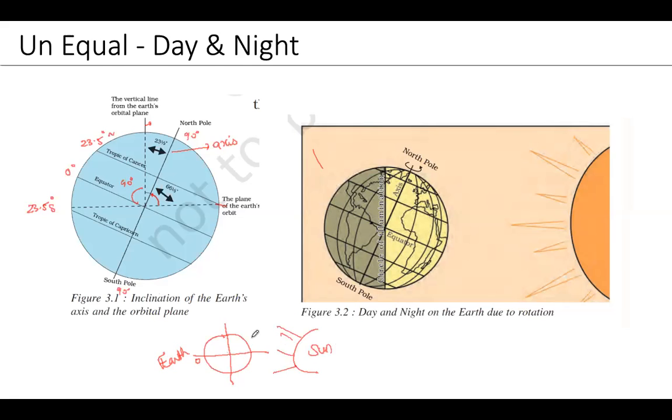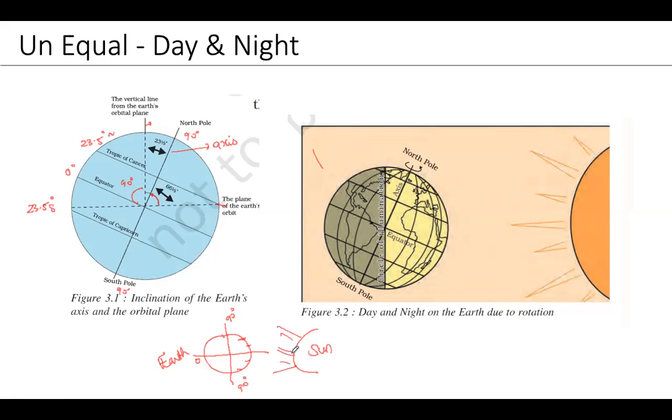Away from the equator and towards the pole, the sun's rays will fall in a slant direction and will receive very little heat and light energy. This we call the Tropic of Cancer. This will be the Arctic Circle, this will be Tropic of Capricorn, and this will be the Antarctic Circle, and this 90 degree North Pole and 90 degree South Pole.